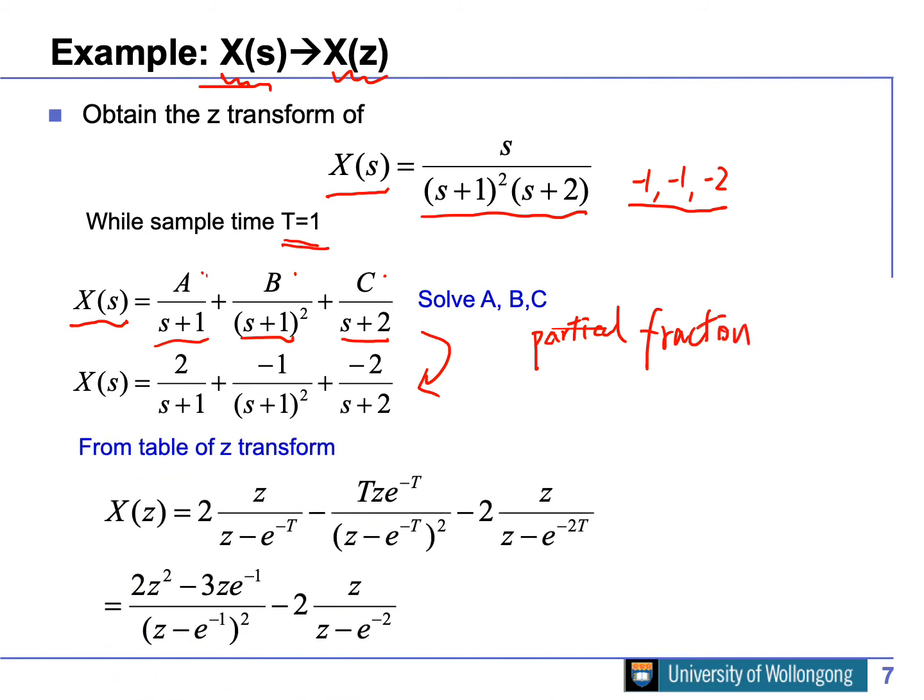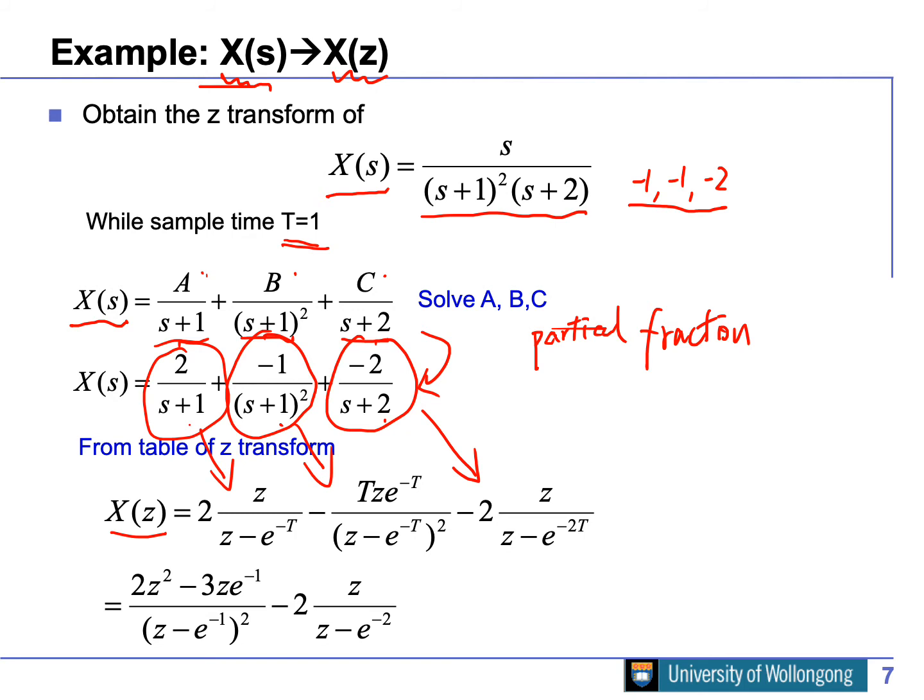Then you got these 3 items. Look up from the table. And this is first order, second order, first order. So this is all just directly from the table. It's actually quite hard to remember, so you have to be able to see the table.